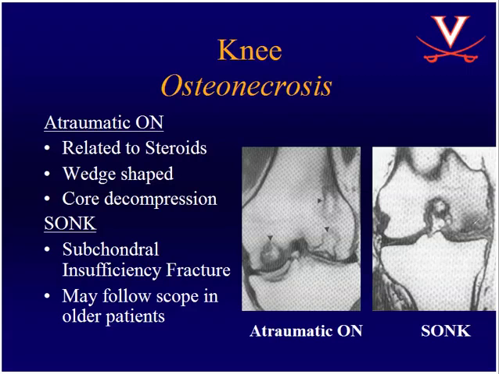How about osteonecrosis? Well, you have your standard osteonecrosis, kind of like you have in the femur and humerus, that has a wedge-shaped defect, and you can do a core decompression just like you do in the hip. And then in the knee, there's an unusual kind of osteonecrosis called spontaneous osteonecrosis of the knee, SONK. This is a weird thing that can occur sometimes in middle-aged patients, often following an arthroscopy. And it has to do with subchondral insufficiency.